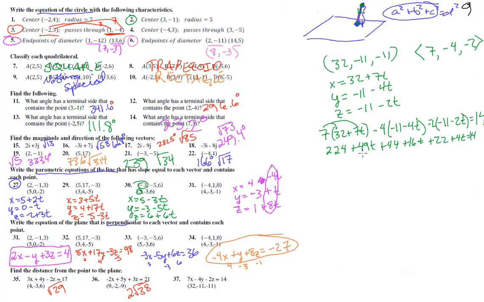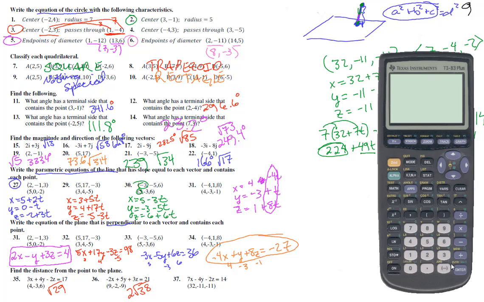Okay, collect like terms. 49 and 16 and 4 is 69t. 224 plus 44 is 268 plus 22 is 290. That equals 14. So subtract 290 and we get 69t equals -276. When we divide by 69, I hope this comes out close to being right.